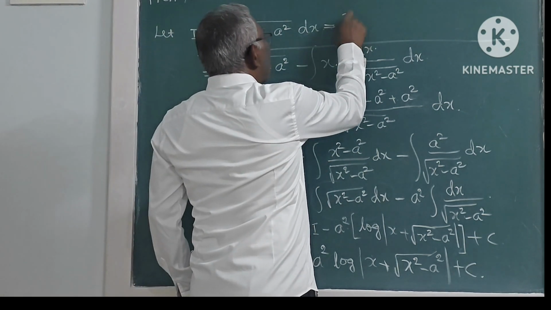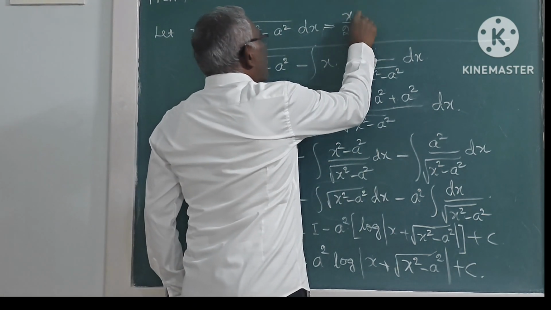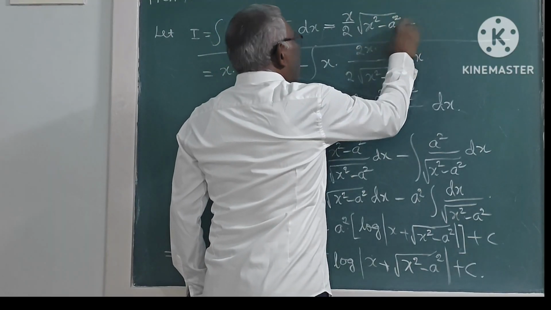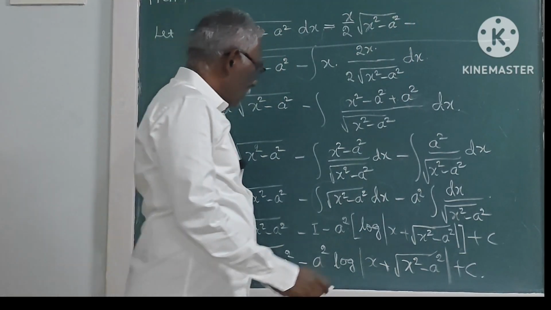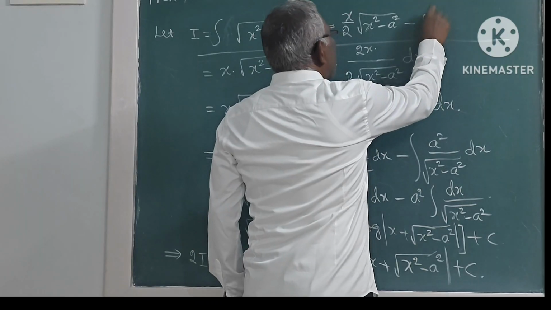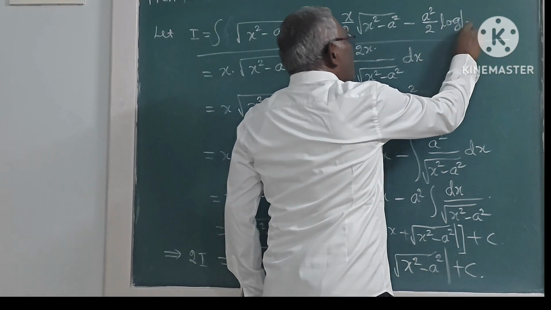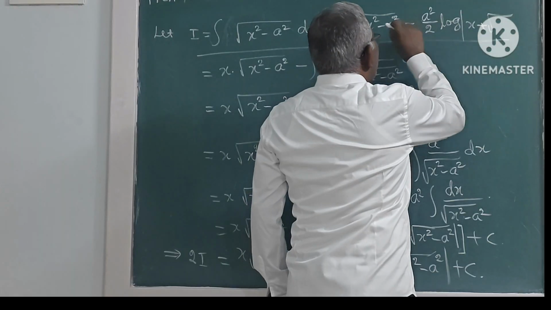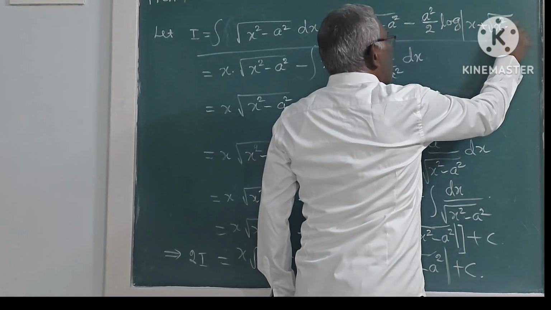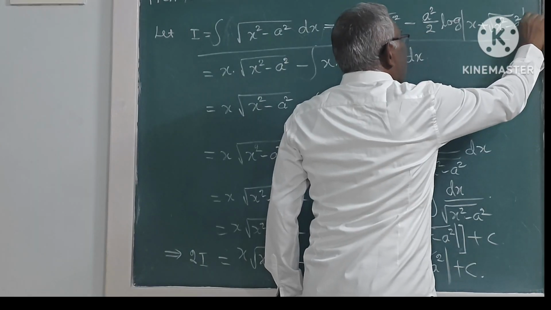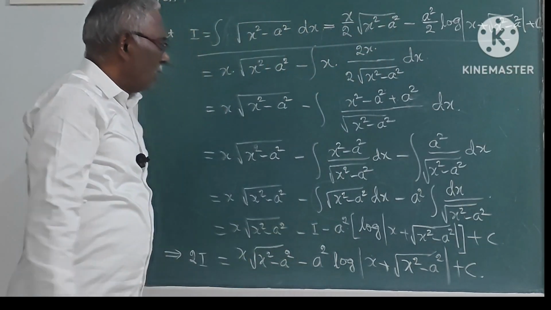So x by 2 square root of x square minus a square minus a square by 2 log of x plus square root of x square minus a square plus constant. So this is the answer.